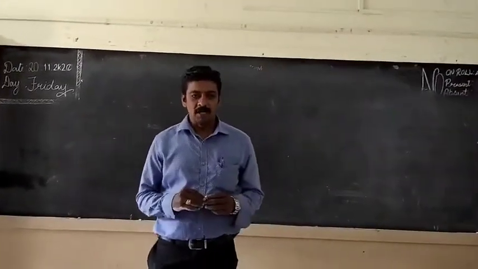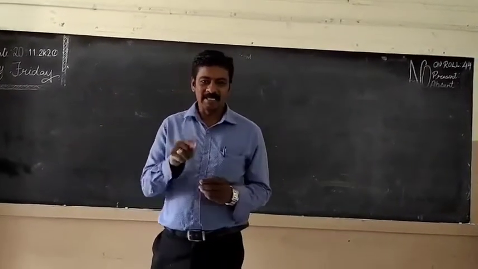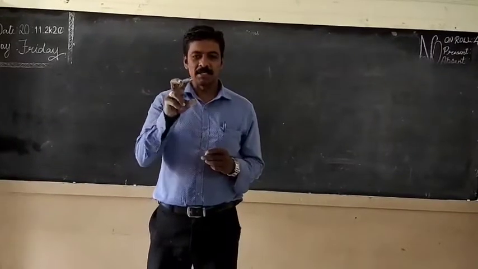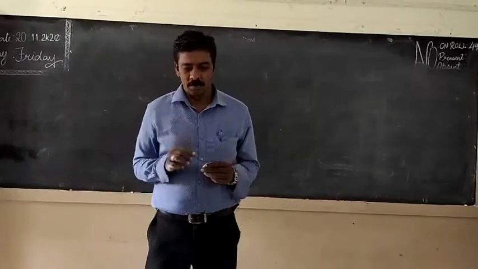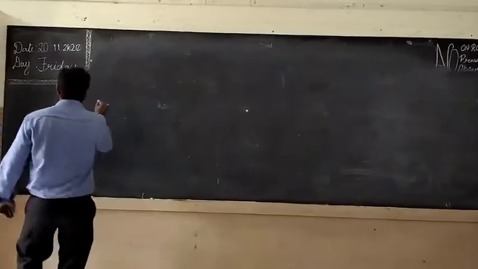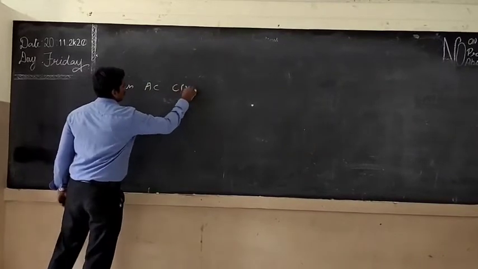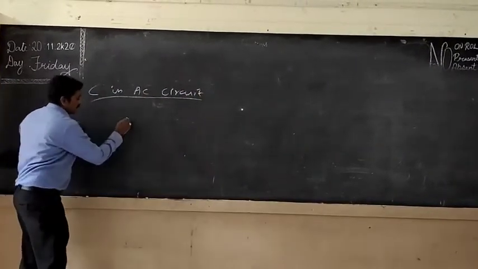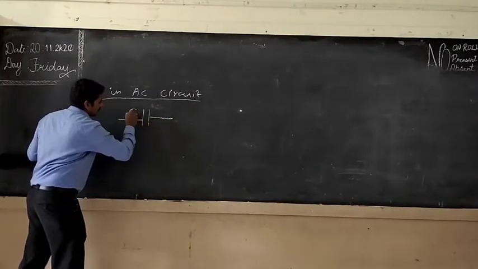Now we are going to see a capacitor connected to the AC circuit. That means an AC circuit containing a pure capacitor. What is the role of the capacitor when connected to the AC circuit? That means C in an AC circuit. See that the capacitor has parallel lines, which is considered as a capacitor.